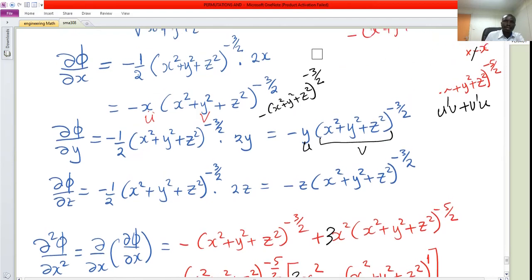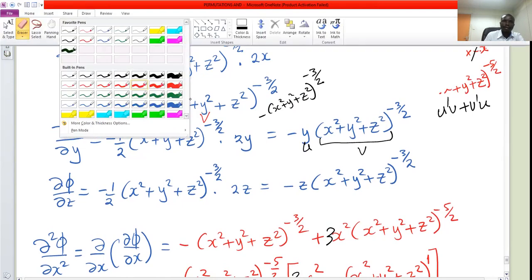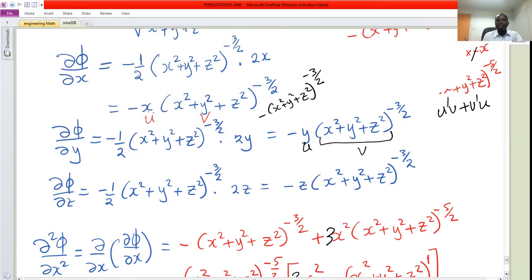To simplify this other part here, the derivative of v, you'll use chain rule. The first thing, you fix this part. So you'll drop this power, so plus minus 3/2, and then into x squared plus y squared plus z squared.